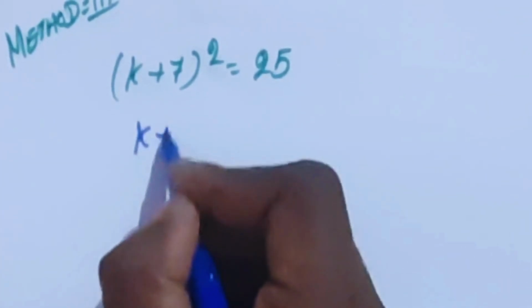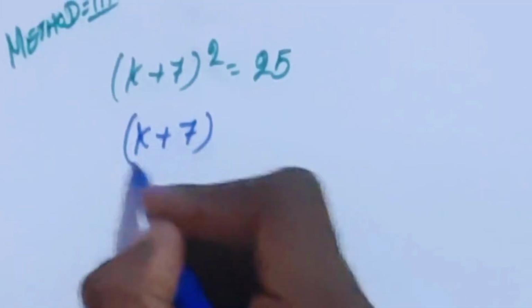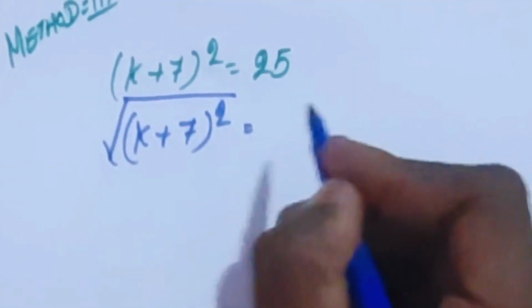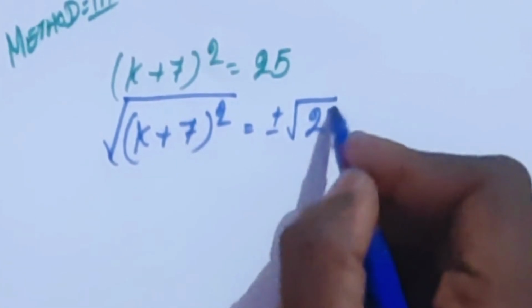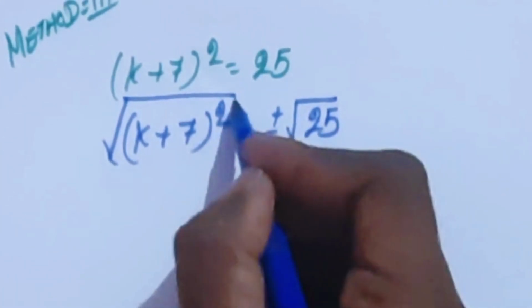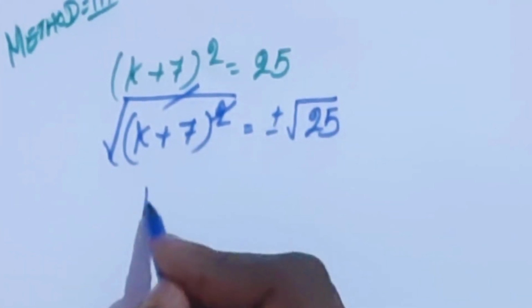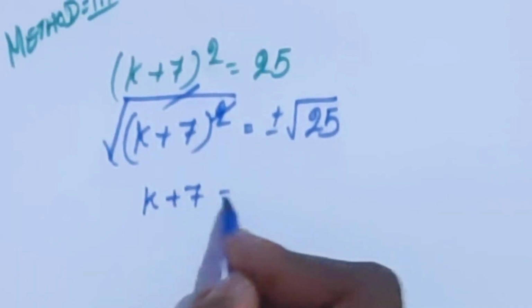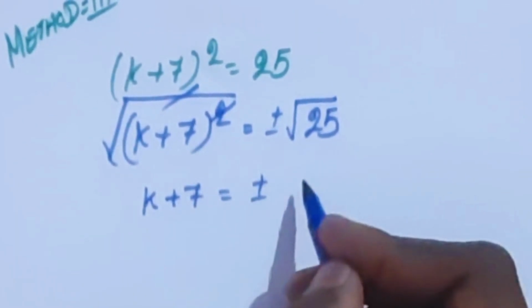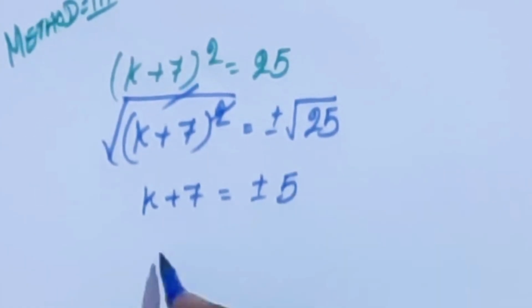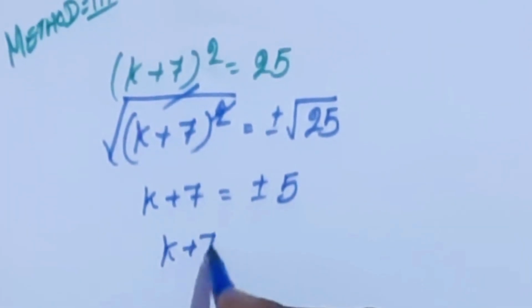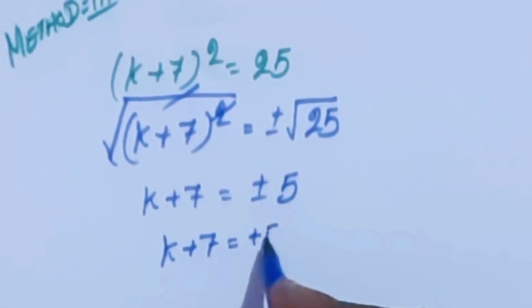So square root of (k plus 7) whole square equals plus or minus square root of 25. Now the square and square root will cancel each other. k plus 7 equal to plus or minus, this 25 can be written as 5. So k plus 7 equal to plus 5.